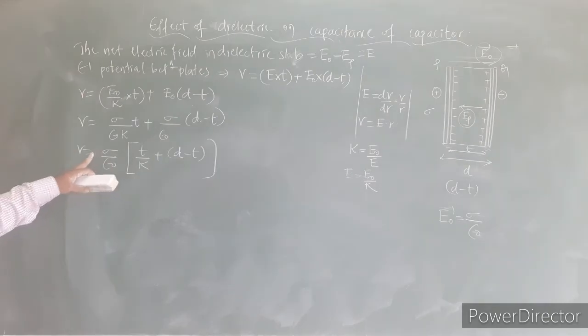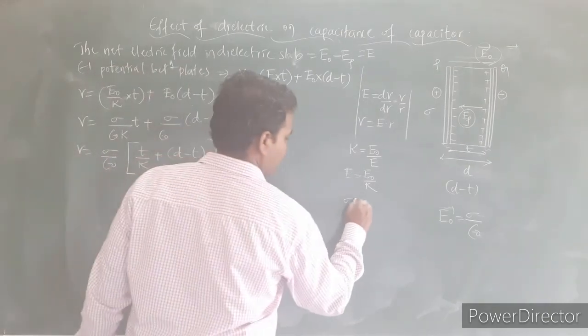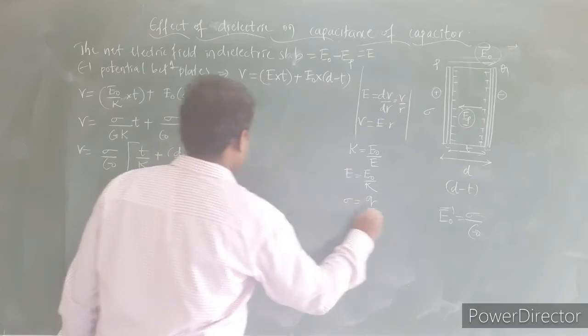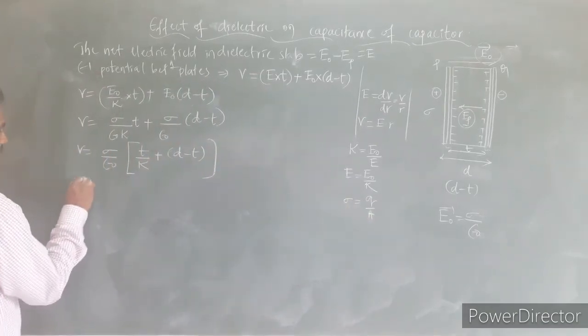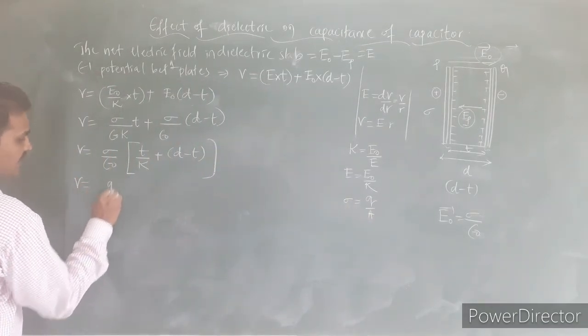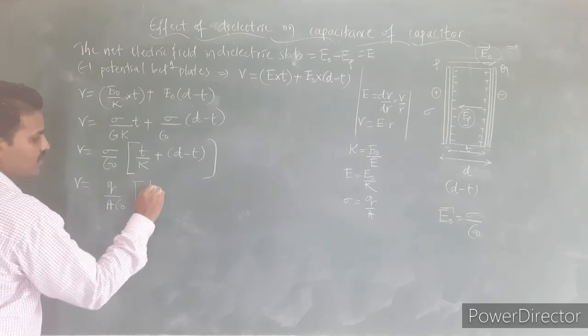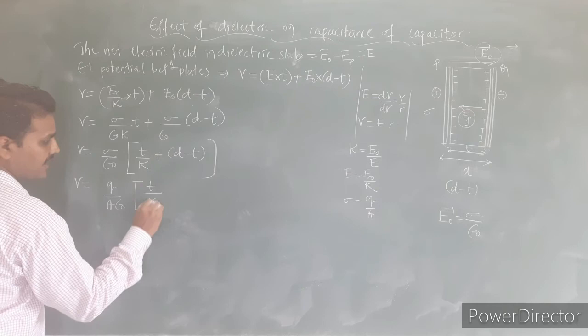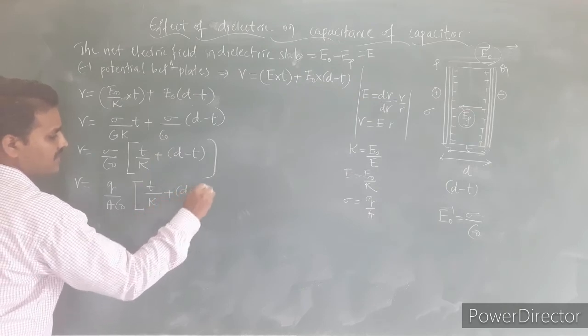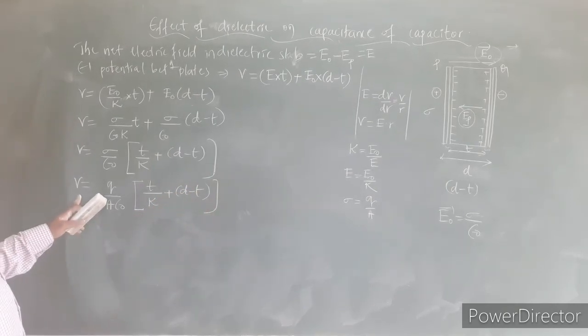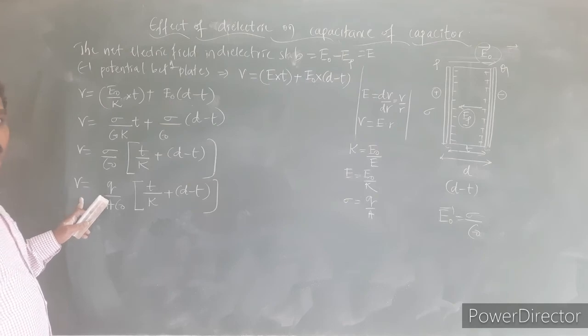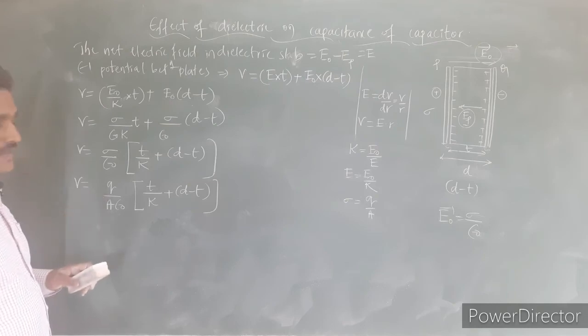Again we know the surface charge density sigma is given by Q divided by A. So let us replace sigma by Q divided by A into epsilon naught, and inside the bracket we shall write T divided by K plus D minus T. This is the expression for electric potential between plates of the capacitor.